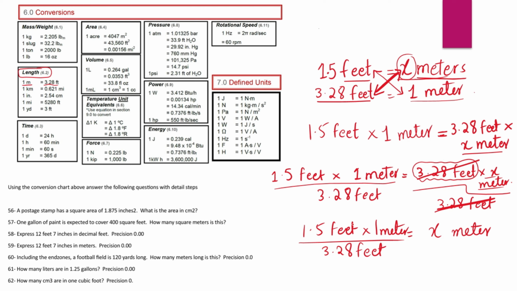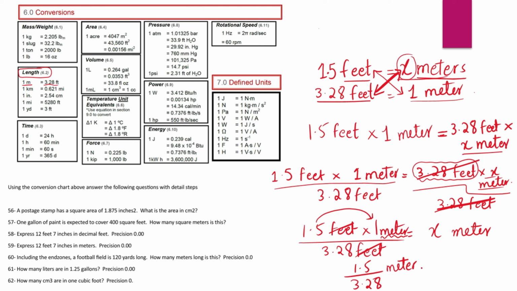Here you can see this feet will be cancelled by this feet, because they are in division, so we can cancel them. Feet divided by feet is 1, so I have cancelled the unit feet with feet. The only unit left is meters. Now you can just multiply: 1.5 multiplied by 1 is 1.5, so you need to do 1.5 divided by 3.28, and we can write meters here.